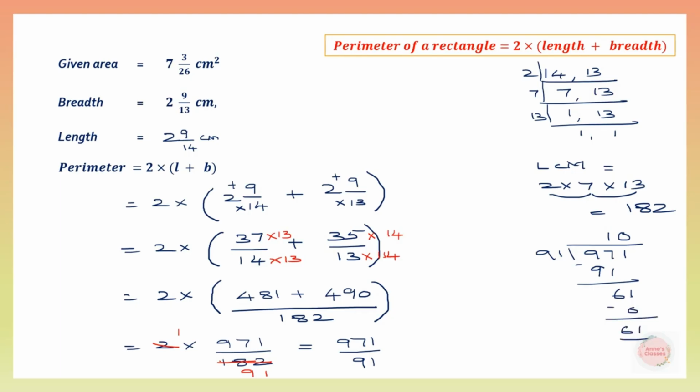So our mixed number will be 10 61 by 91, and we have found the perimeter, so the unit is meters. So the perimeter is 10 61 by 91 meters.